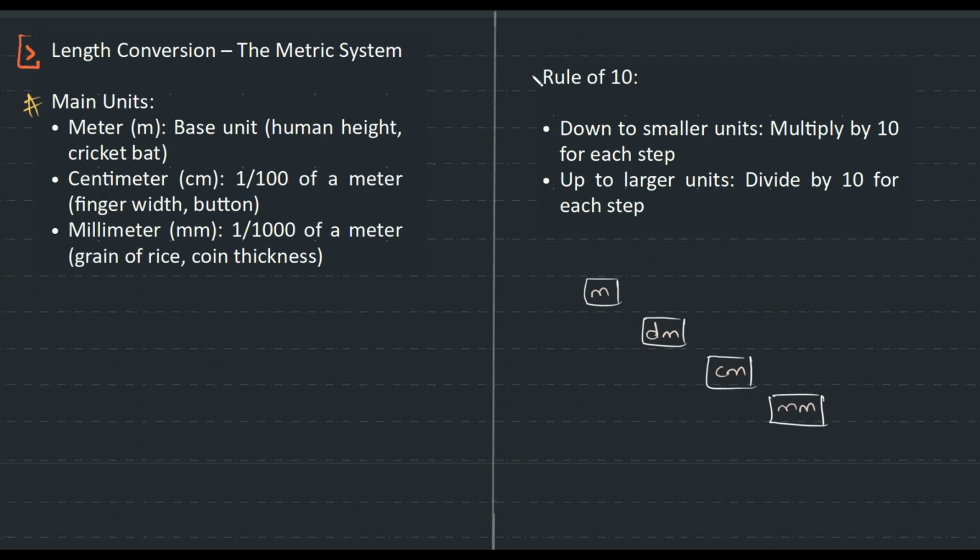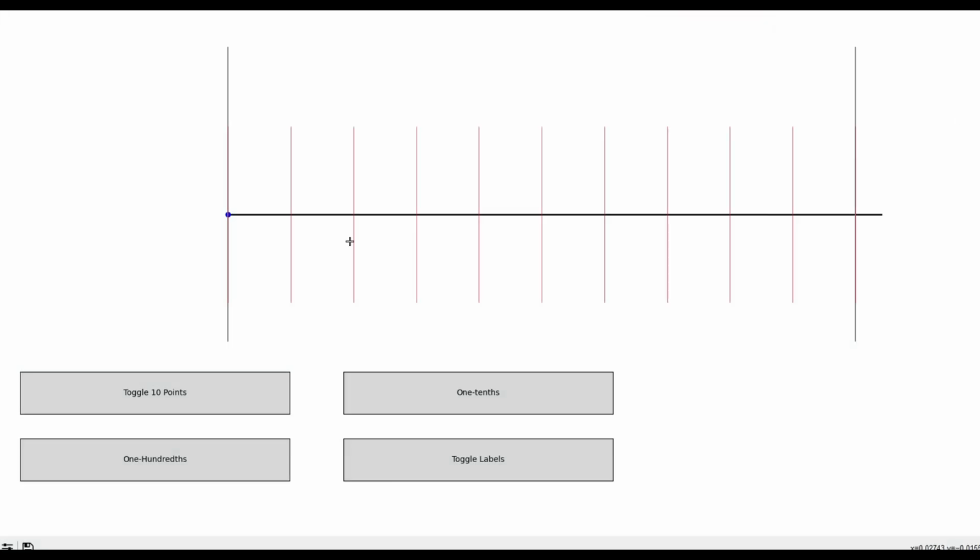So you can use something called the rule of 10 while you do the question. It's the same thing as what we learned, using the principle of conversion that I just taught in the previous set of videos. So when we're going down to a smaller unit, we multiply by 10 for each step. What does that mean? See, we have a meter over here.